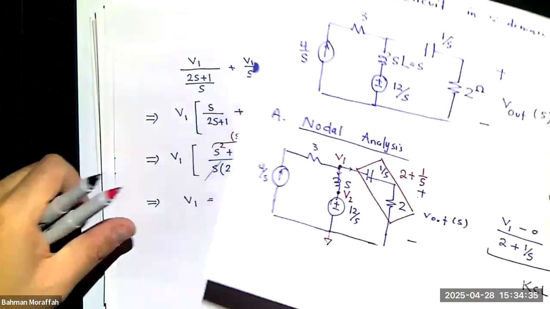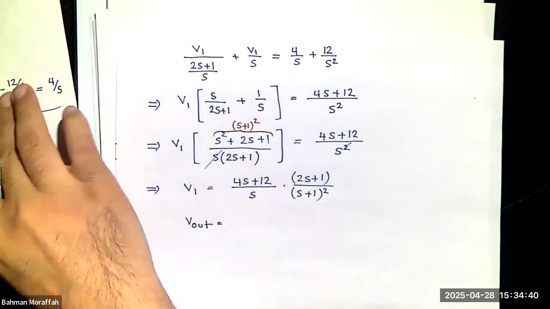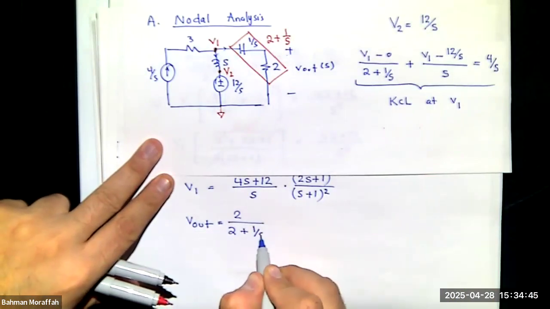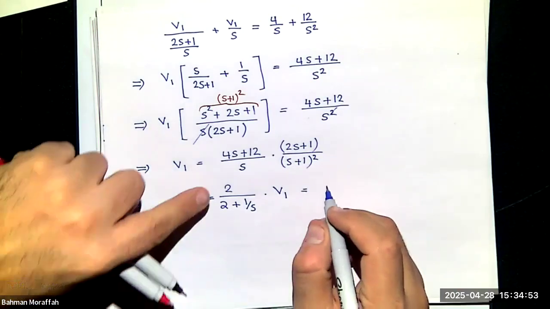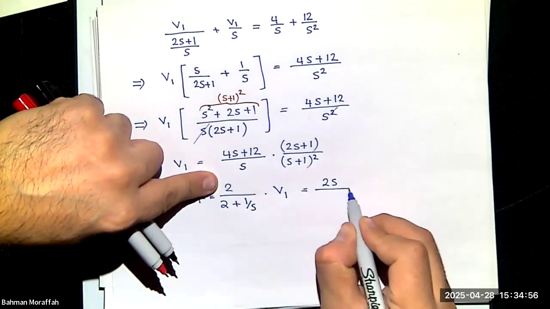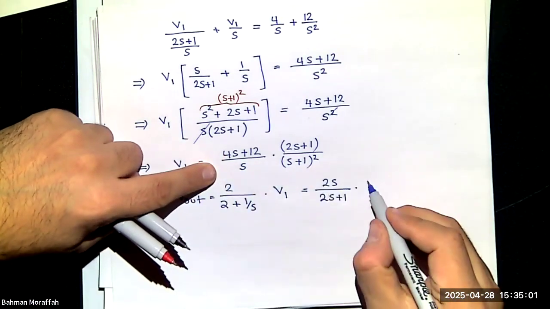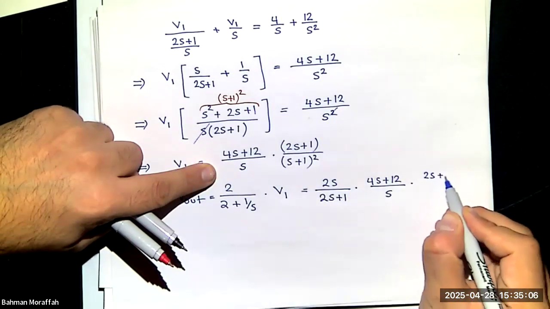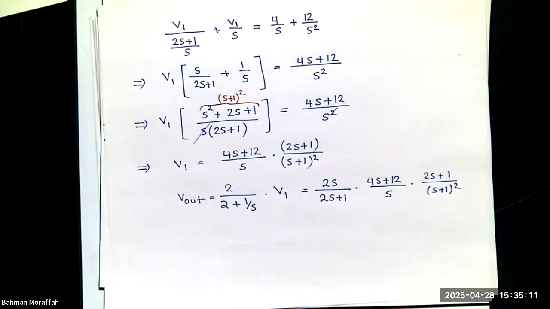So then V out is very simple. I know V out is 2 divided by (2 plus 1 over S) times V1. Right? Let's simplify it a little bit. I have 2S divided by (2S plus 1) times V1, which is this term over here, (4S plus 12) divided by S, times (2S plus 1) divided by (S plus 1) squared. Right?